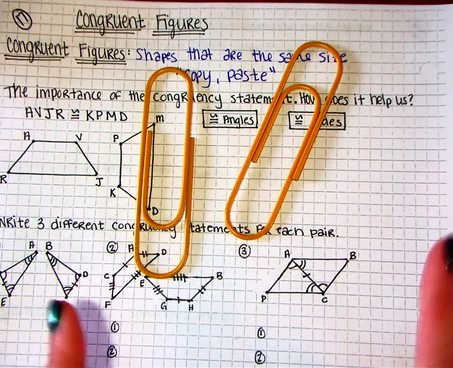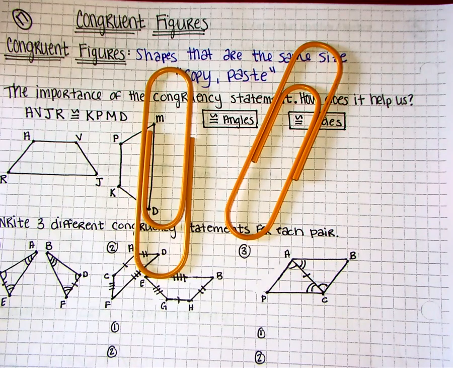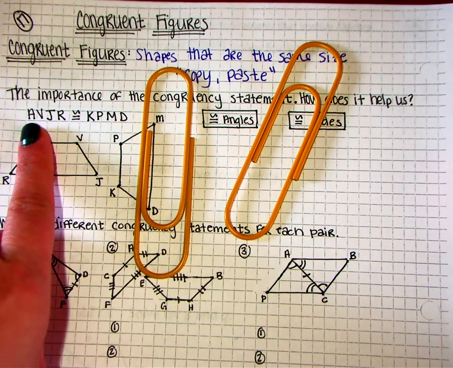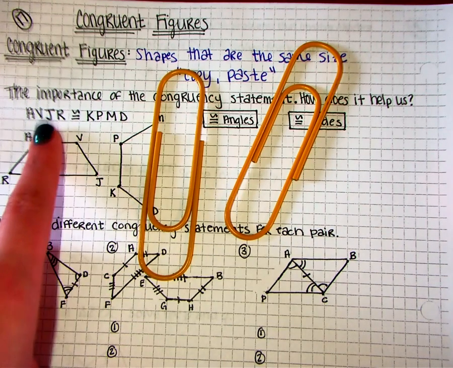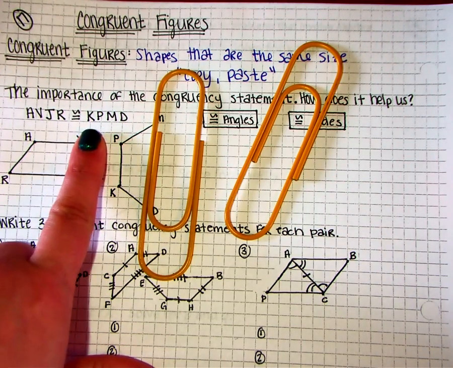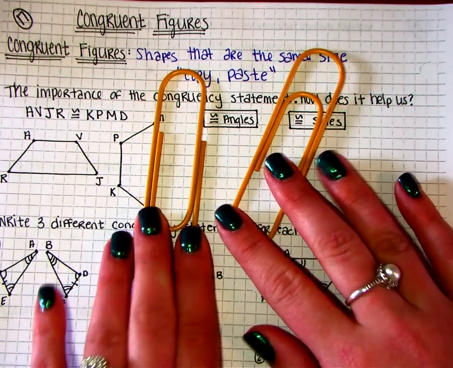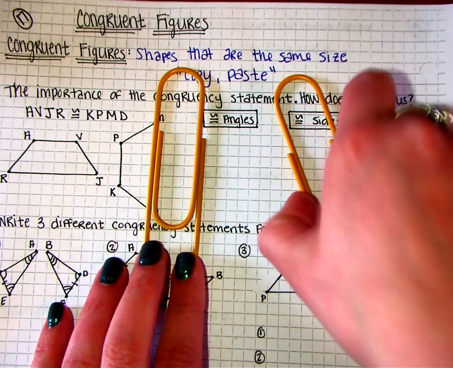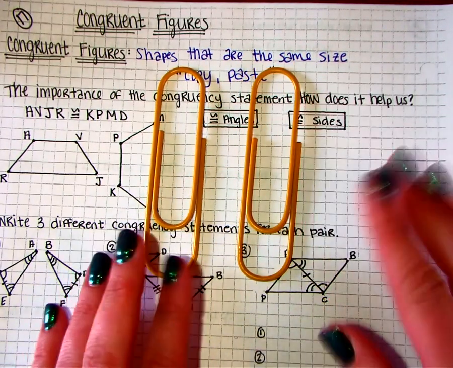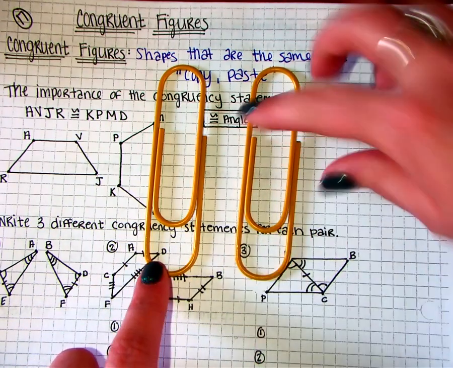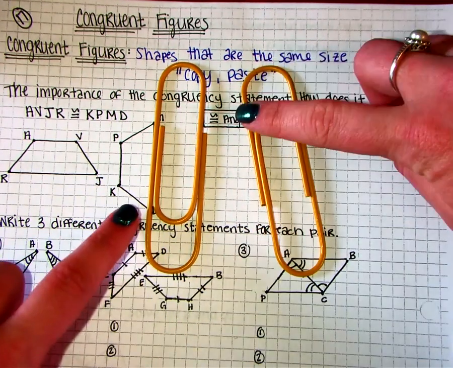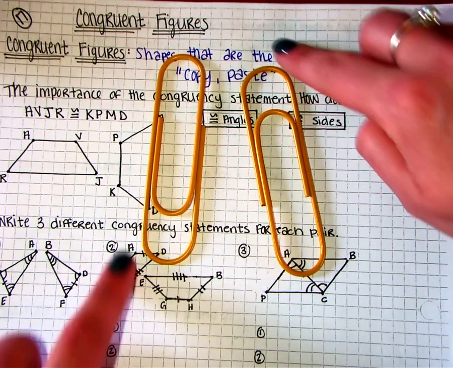Now, the way that we match things up when it comes to congruent figures is based on a congruency statement. So a congruency statement is how it tells you one shape is congruent to another shape. When it's looking like paper clips, it's easy to match some things. Like you can visualize, okay, this part's the same, and if I turn it, I can easily match, okay, these parts are identical.